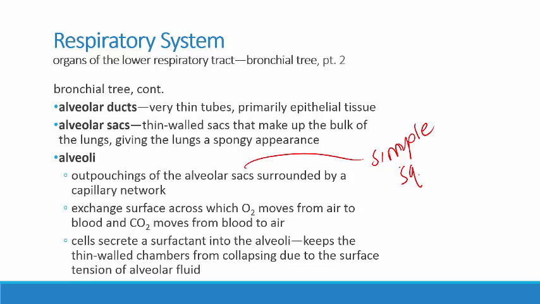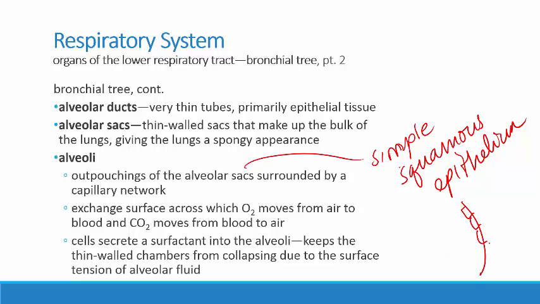A simple squamous epithelium. So that means it's got a thin layer of cells and a protein basement membrane, and that's it.